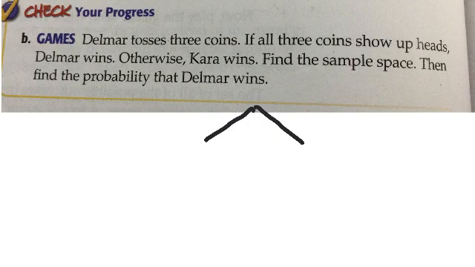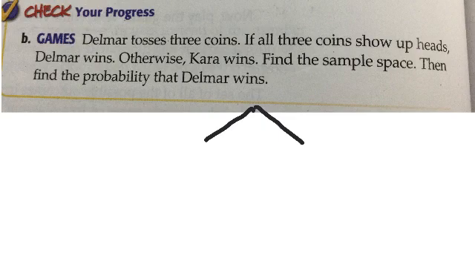Because it says Delmar and Clara. Then I put how many? Put 3 lines from Delmar to also Karma. I put 1, 1, 1. So I have 3 times to flip the coin. Yeah, so they're flipping 3 coins.